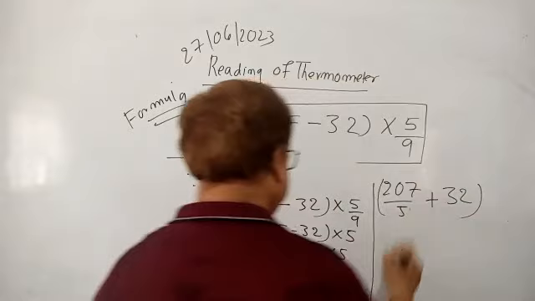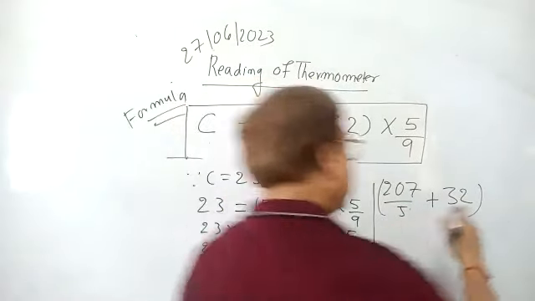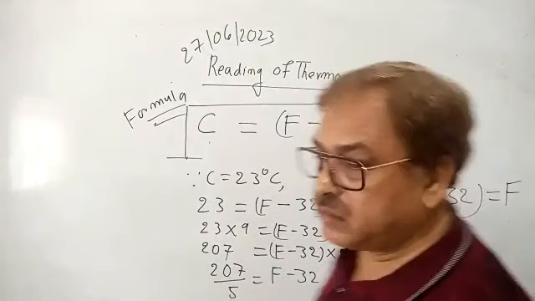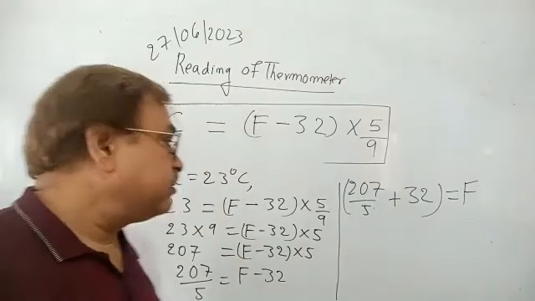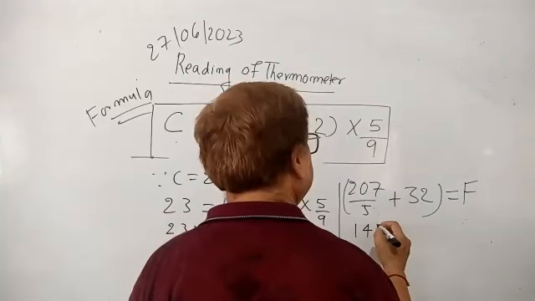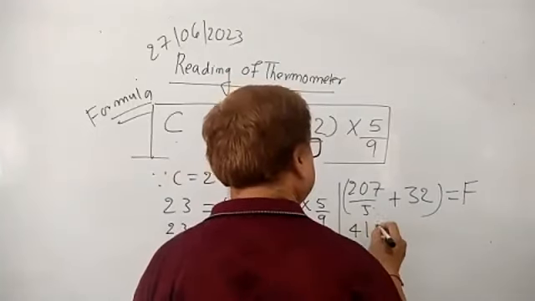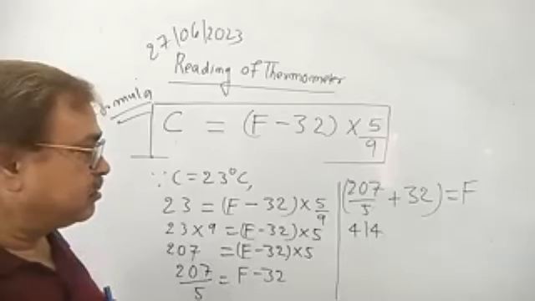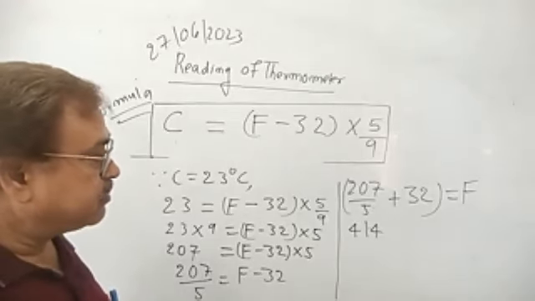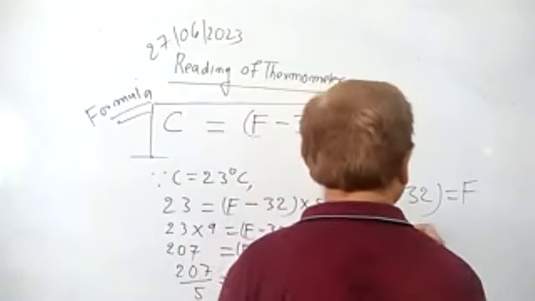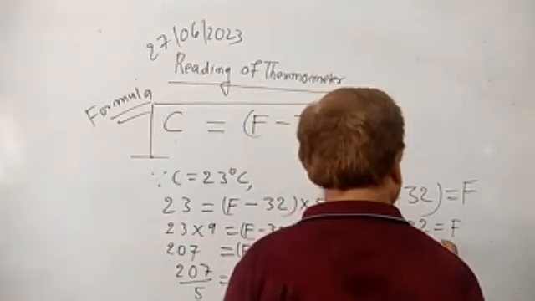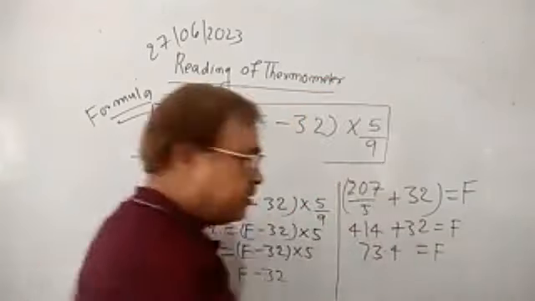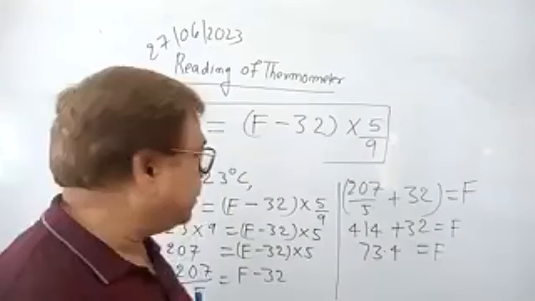Transpose the value from the right-hand side to the left side, and you will get the value of Fahrenheit. 41.4 plus 32 will be the F. So 73.4 degrees Fahrenheit is the value on the Fahrenheit scale.